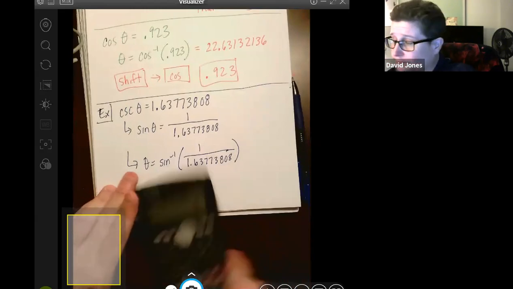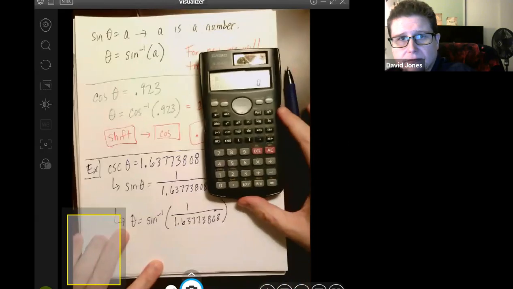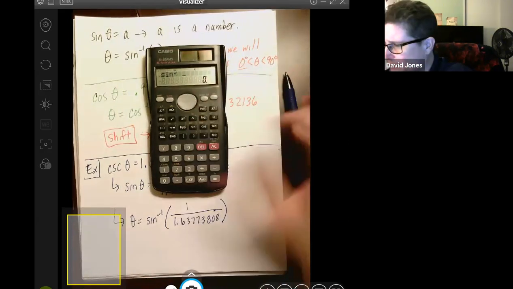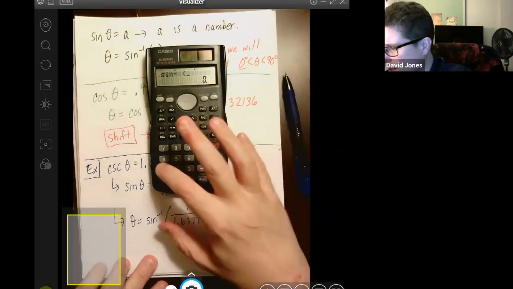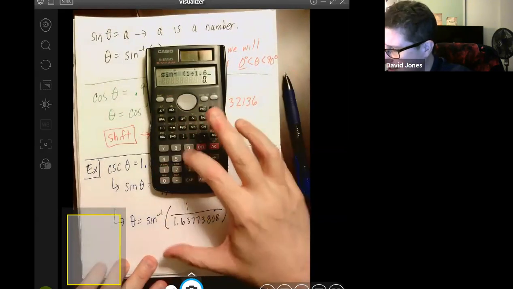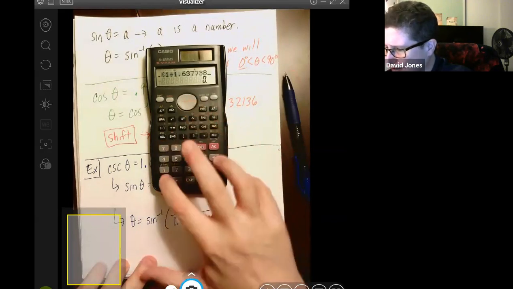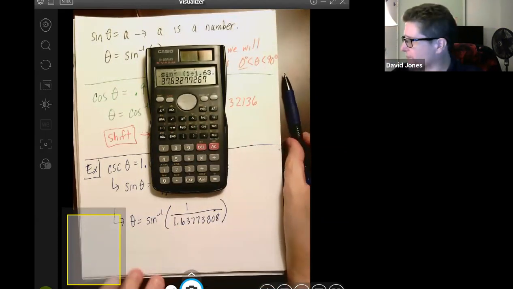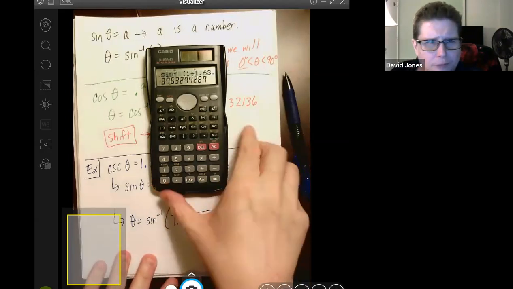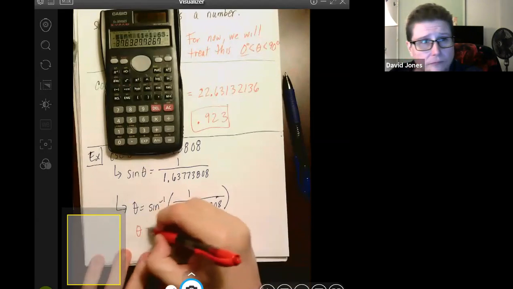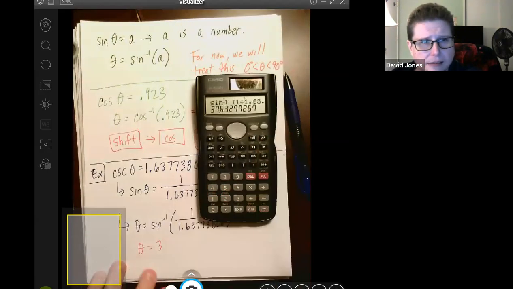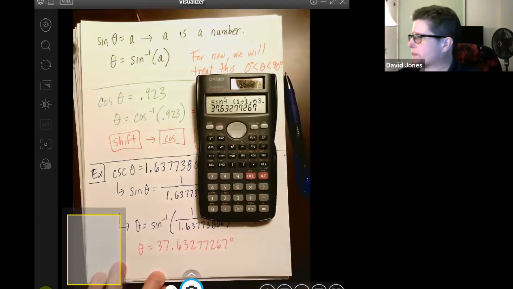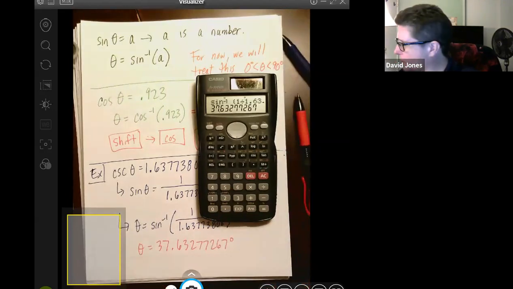I'll use the parentheses key. So I want shift sine, and then I'm going to say parentheses, 1 divided by 1.637733808, end parentheses. And what do we get? 37.6. Okay.